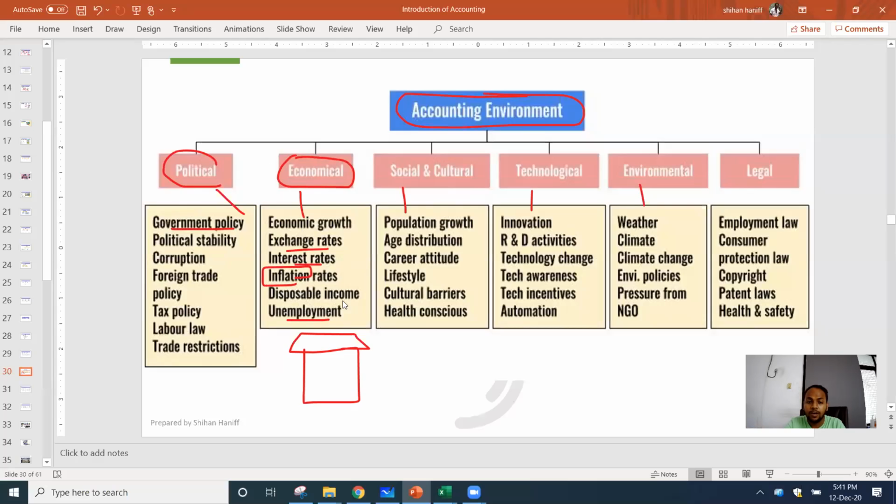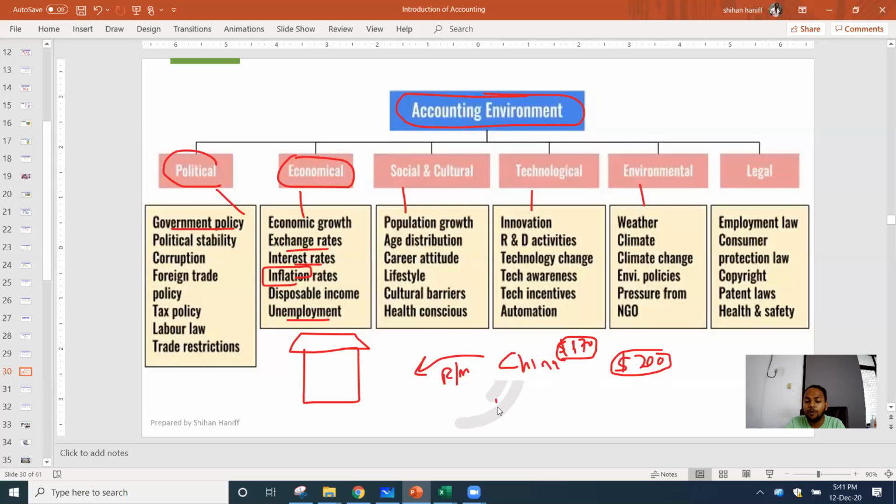Let's say your business is importing. You import goods from China. Your raw materials are imported from China, right? We knew that the dollar went up to almost 200, from around 170 to 200.